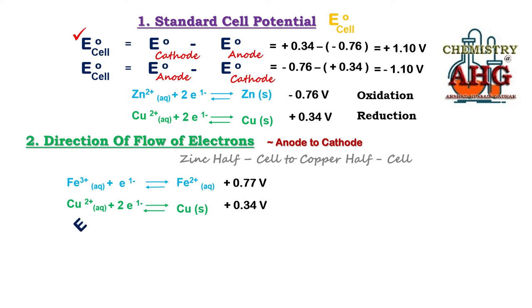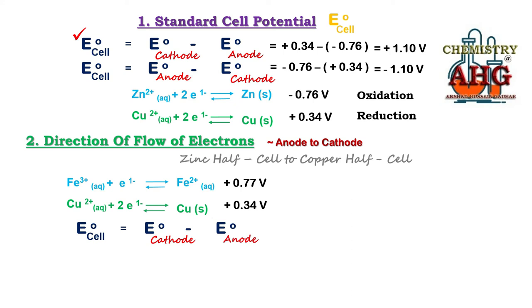You are supposed to use the first formula. Standard cell potential is equal to standard reduction potential of cathode minus standard reduction potential of anode. So mostly remember, we use this formula. Sometimes you can be asked to calculate the standard cell potential for an electrolytic cell, but otherwise mostly we use the first formula to calculate standard cell potential.